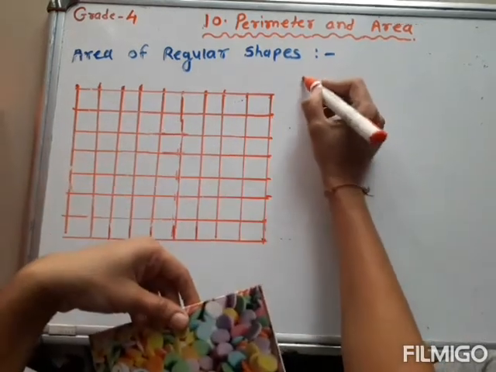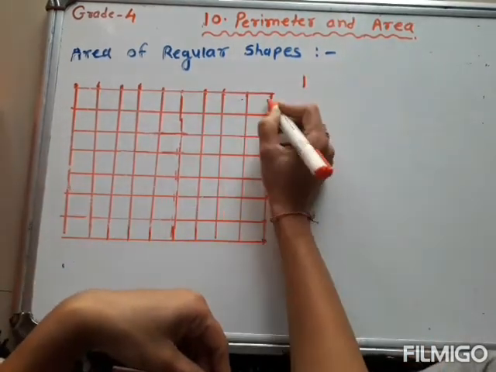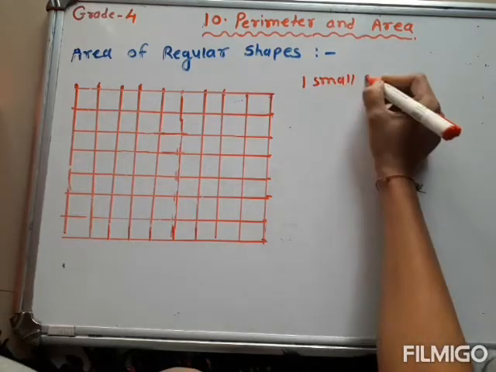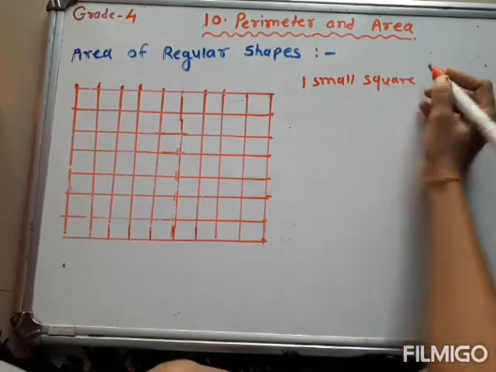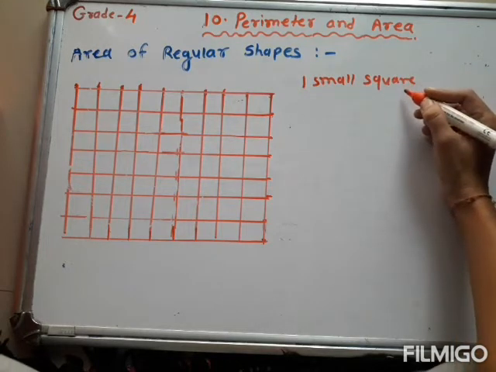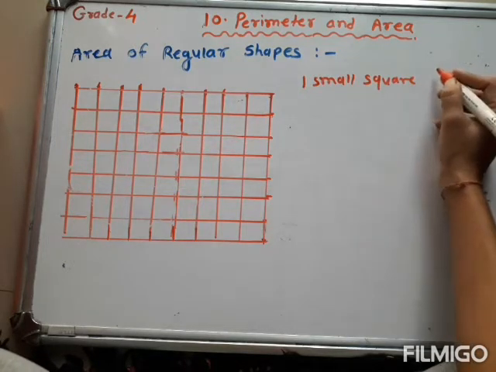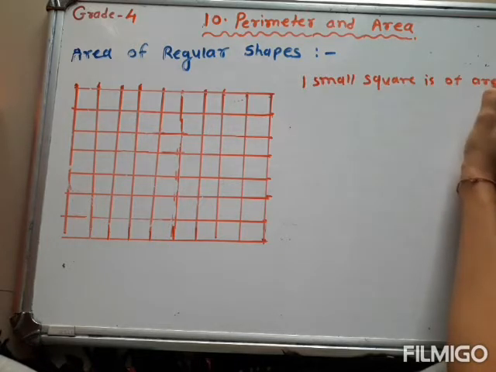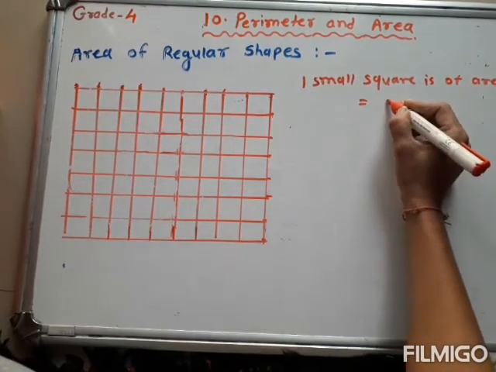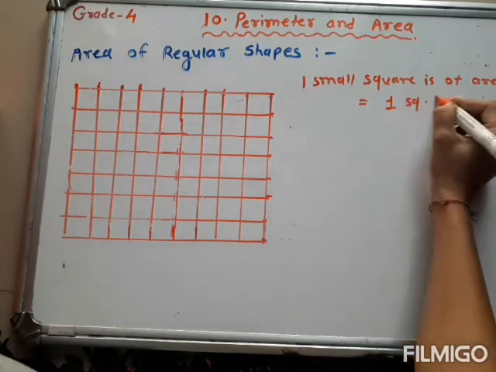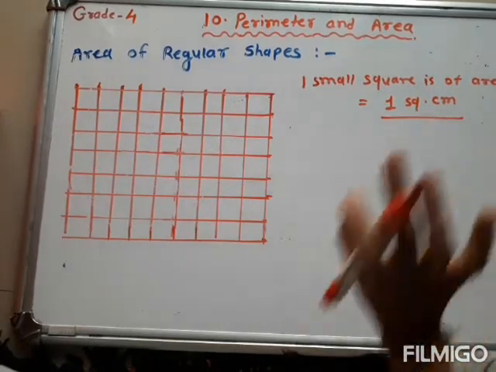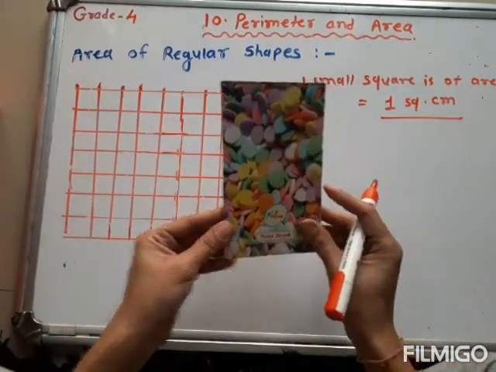This is one small square, and its area is equal to 1 square centimeter. This is already given to you. So we find the area of this diary.